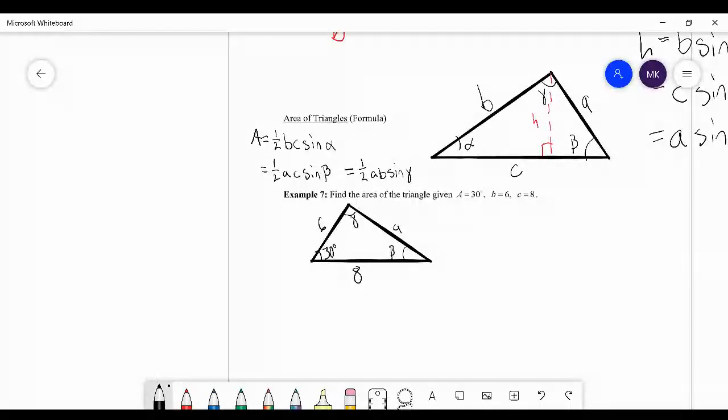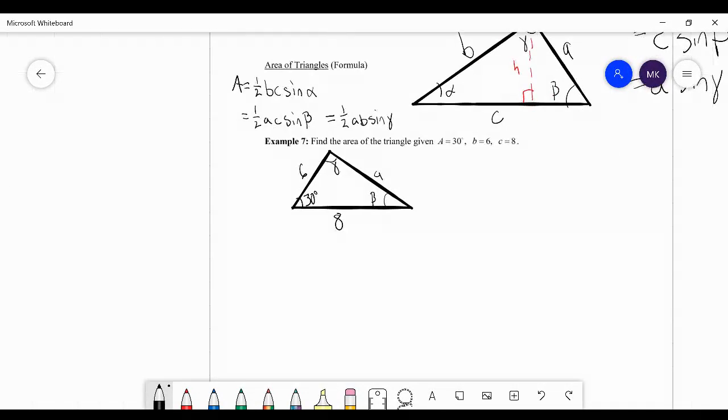Okay, notice all three use letters, if you imagine alpha being A, beta being B, gamma being C. So we need to have two of the sides and the angle between them. And so we can do that like this.